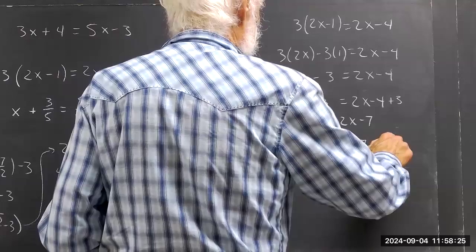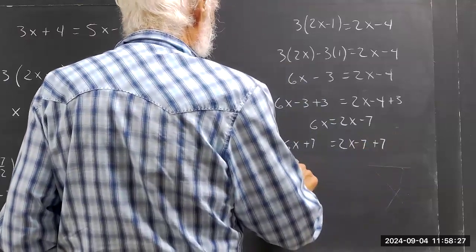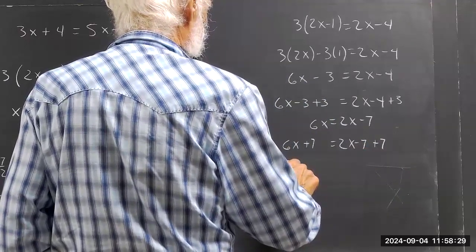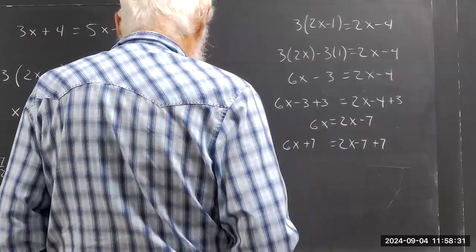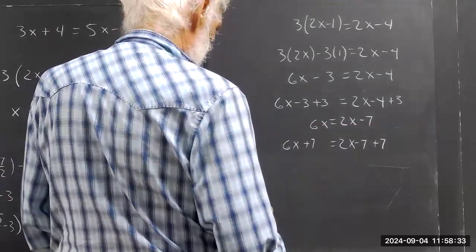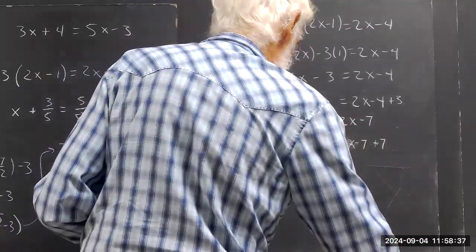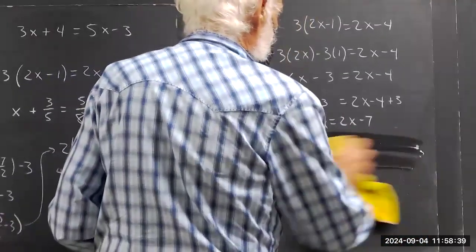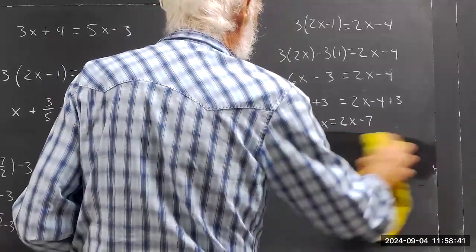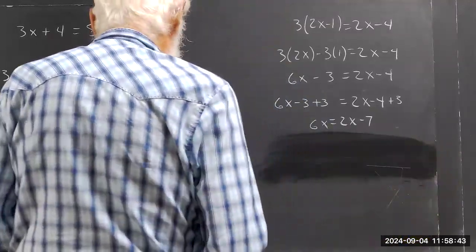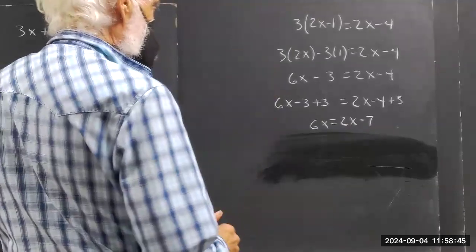So I add 7, I add 7. And that's not what I do at all. Because that leaves me no good. Leaves me back to something that looks a lot like this.